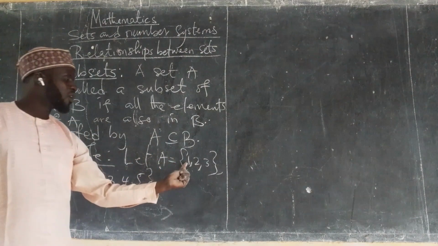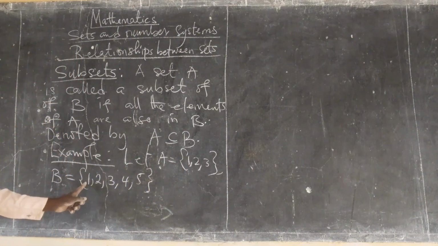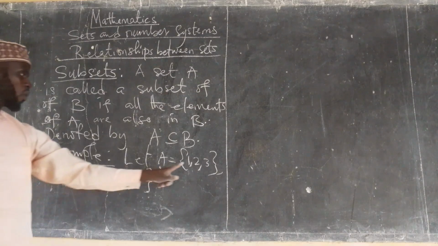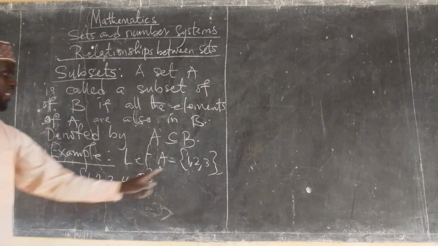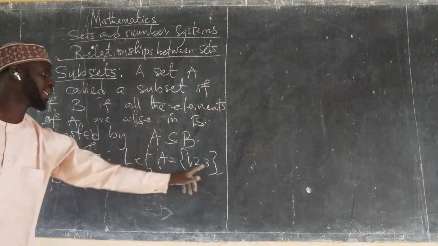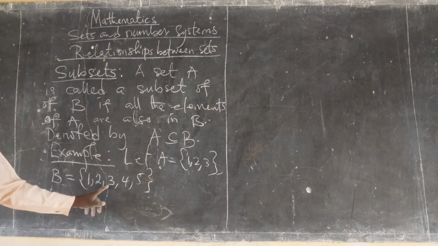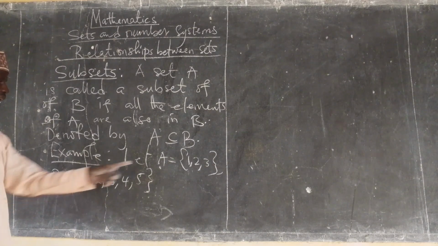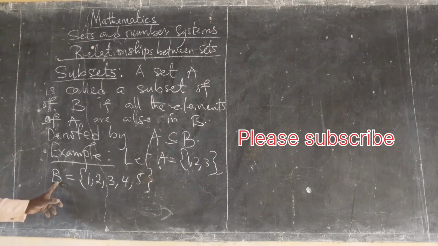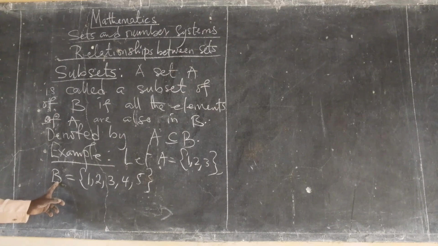See, all the elements of A can be found in B. 1 is in A, 1 is in B, 2 in B, 3 in B. And therefore we say A is a subset of B because all the elements of A are in B.